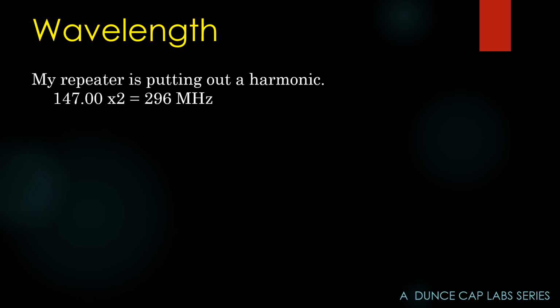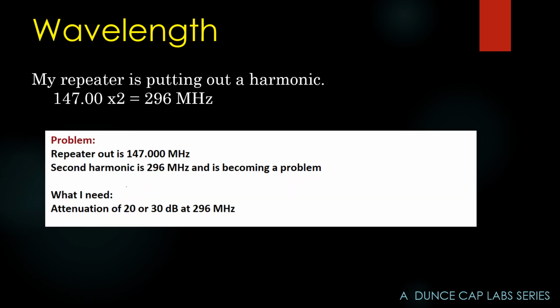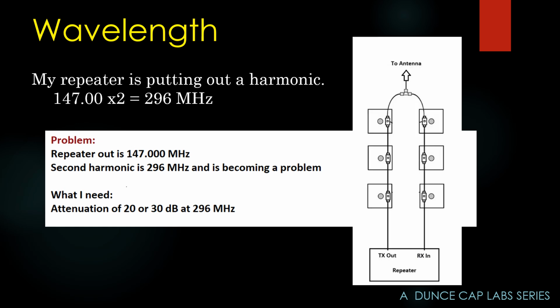I'm near an airport, and interfering with 296 megahertz is not a good idea. I've determined that if I can get 20 or maybe 30 dB of attenuation, I'll be okay. So how do I do that?